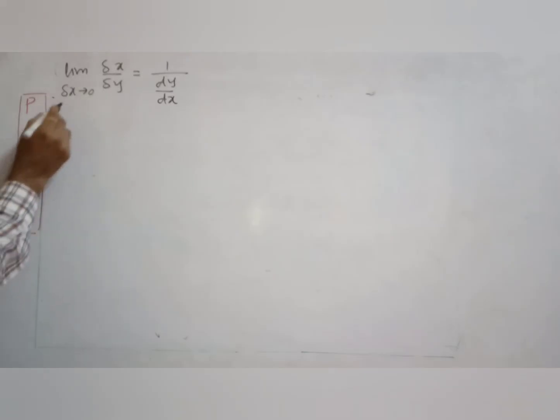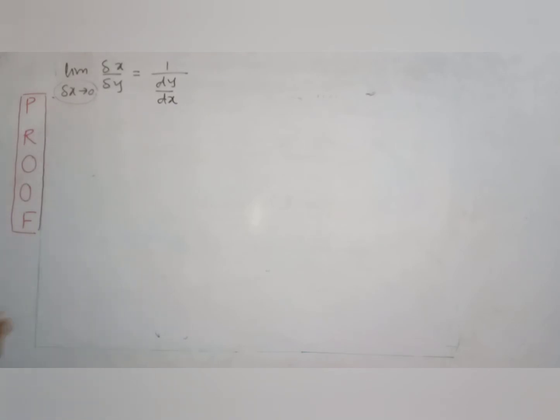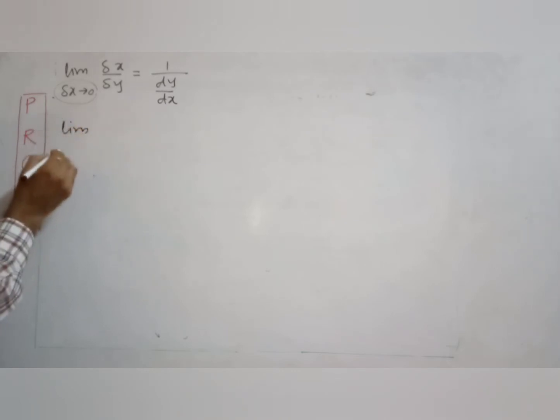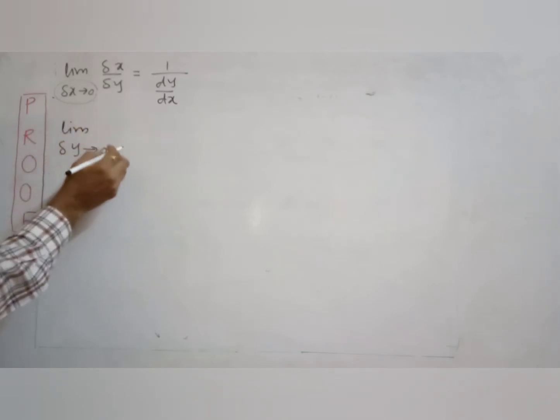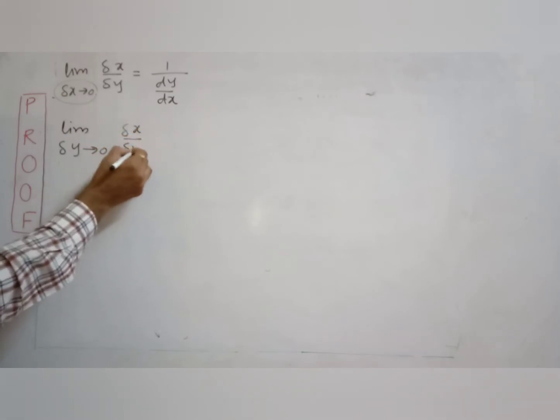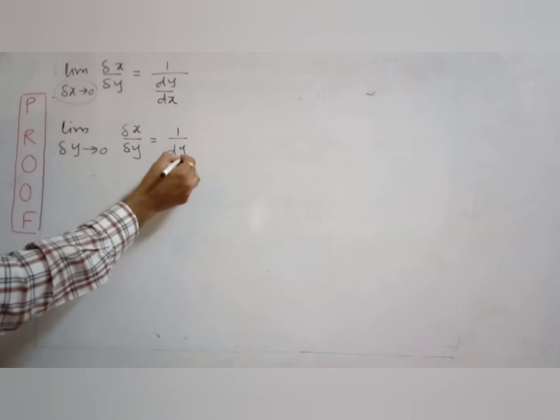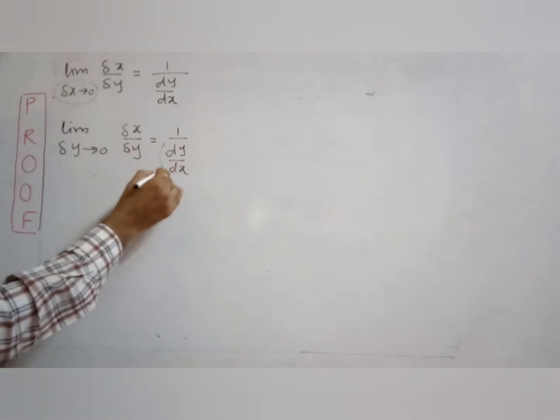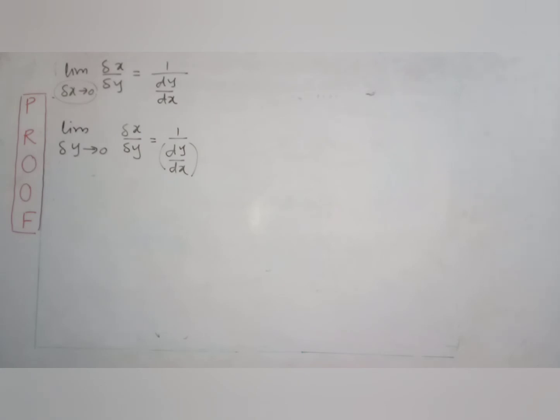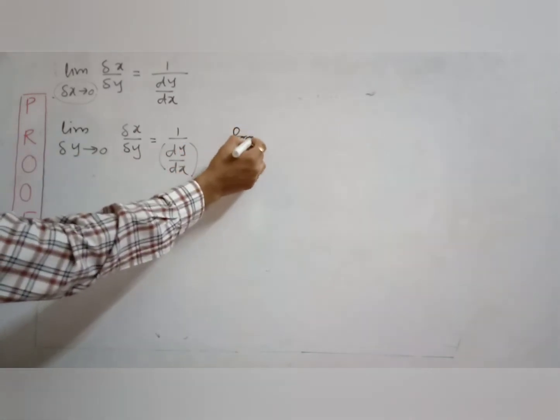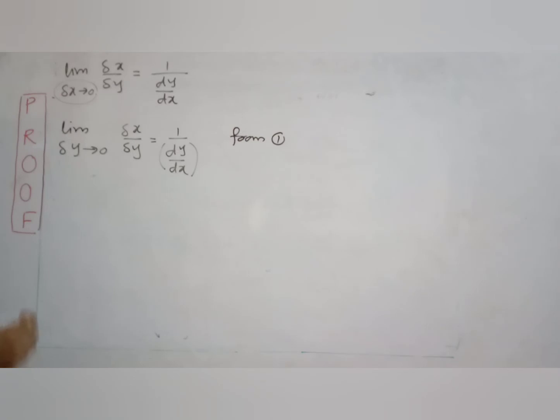We shall replace this condition delta x tending to 0 by delta y tending to 0, and we may write that as limit delta y tends to 0 of delta x by delta y is equal to 1 upon dy by dx. This delta y tending to 0 is taken from 1, where we have mentioned that whenever delta x tends to 0, delta y tends to 0.